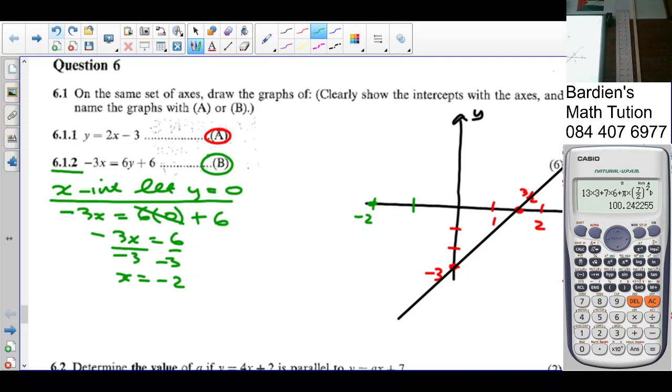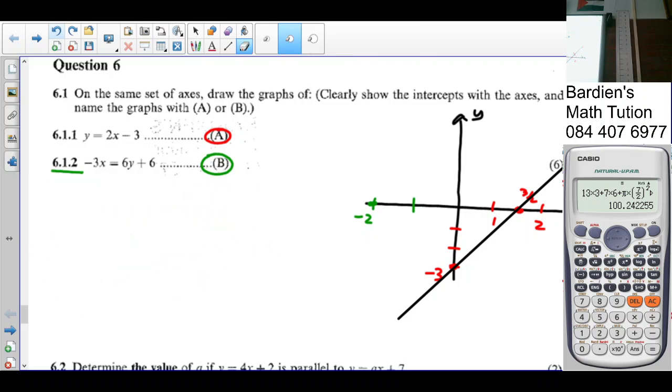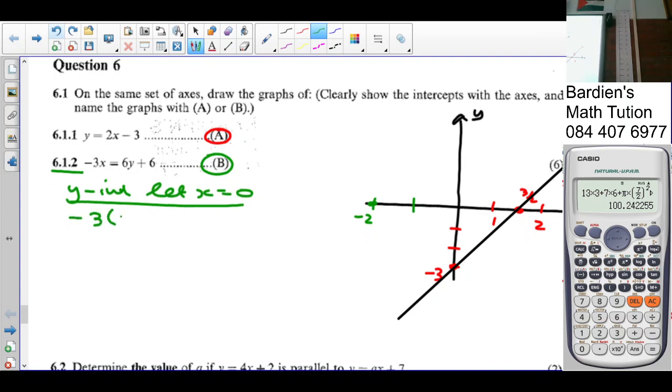Okay. What do we do thereafter? Y-intercept. Let x equal to 0. So negative 3 times 0 equals 6y plus 6. So what do we do now? Negative 3 times 0 is 0. Take the 6 over.